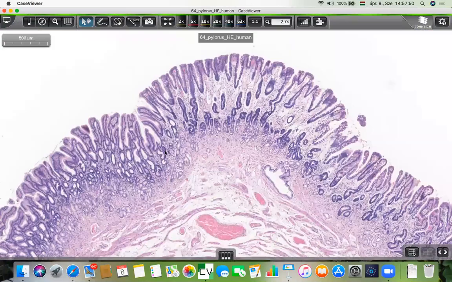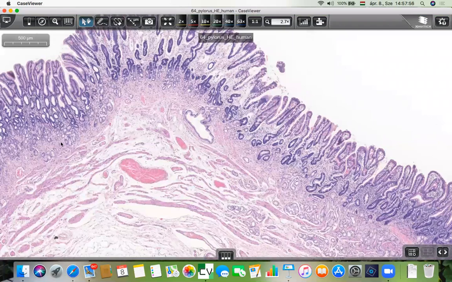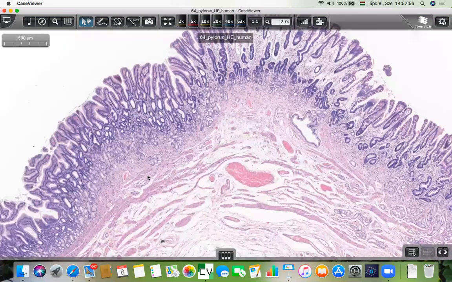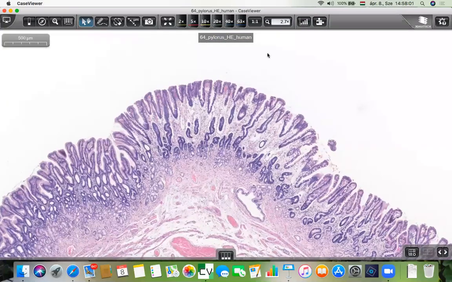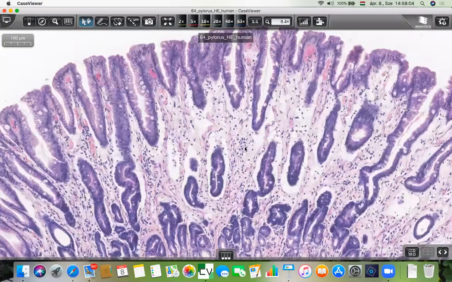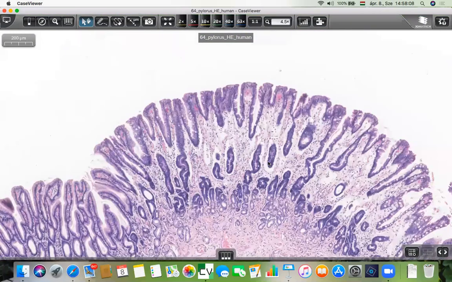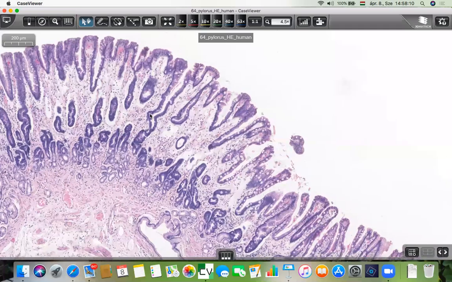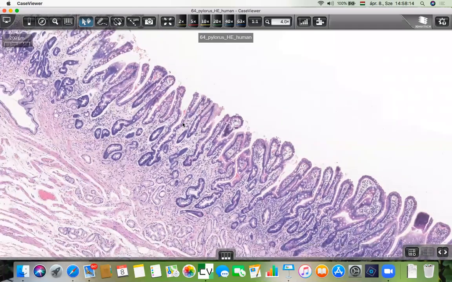Normally Brunner's glands start there, but some of the acini are present here. So it's just a transition. But the epithelium is quite similar to the lining epithelium of the stomach. Okay, so that was the pylorus.